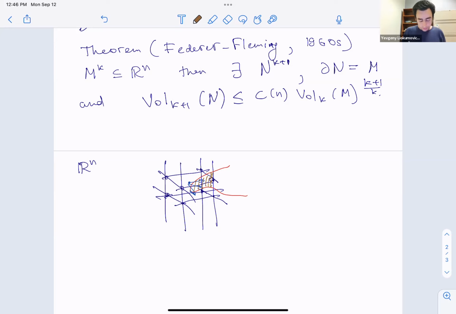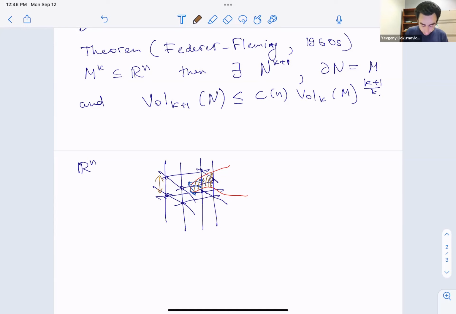But they observe that we can use Fubini's theorem to average over all possible projections, and then by this averaging argument, we will always have a point that will have nice properties. And then if we pick the size of the grid correctly, then it will also give us an isoperimetric inequality.